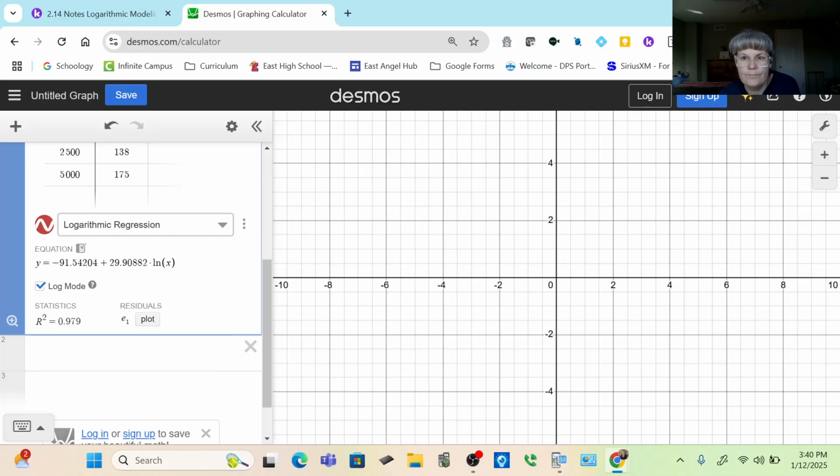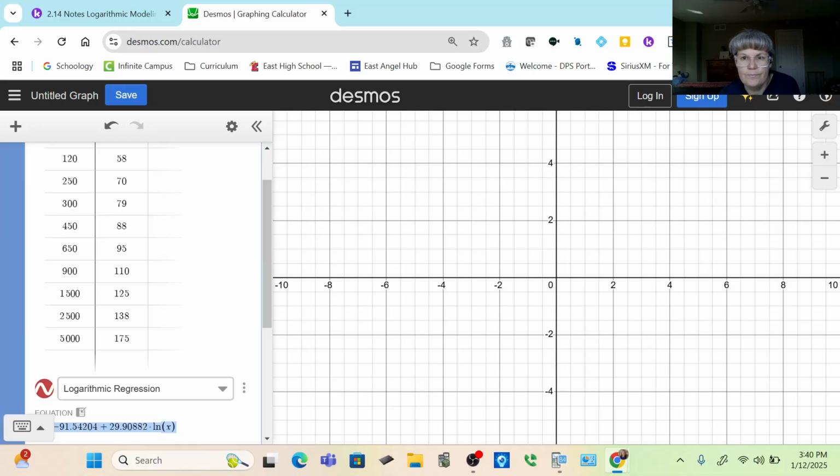We have to set this in log mode. I believe log mode will already be defaulted on the AP exam, but you should check to make sure it's there. So we have our equation.